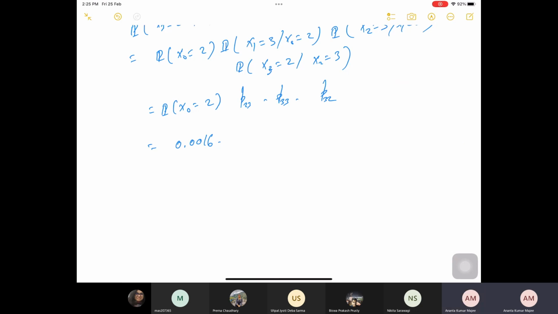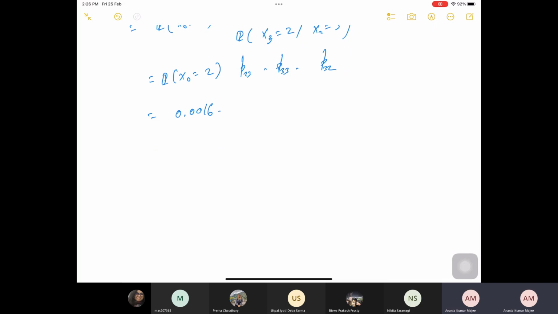And not only that, if I know the initial distribution along with the one-step transition matrix, then we can find the probability mass functions of the given Markov chain. Okay, so now I discuss the so-called classification of states.